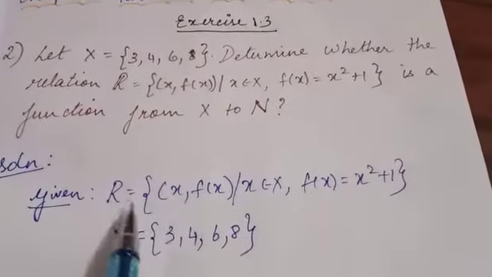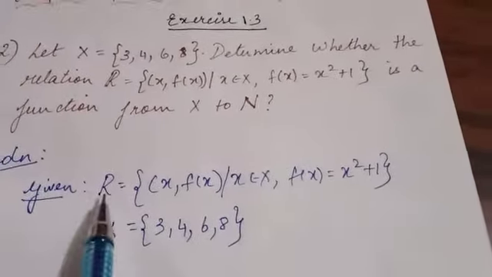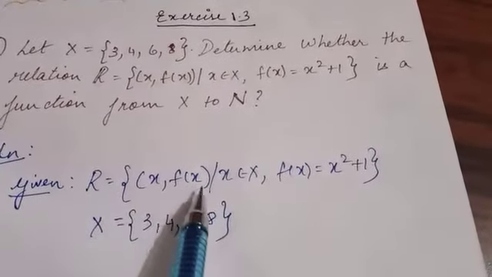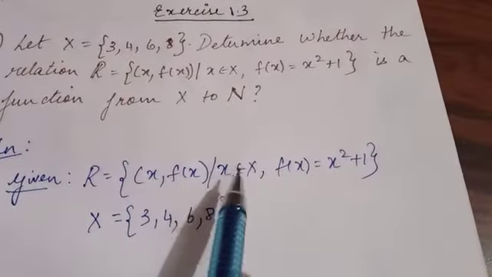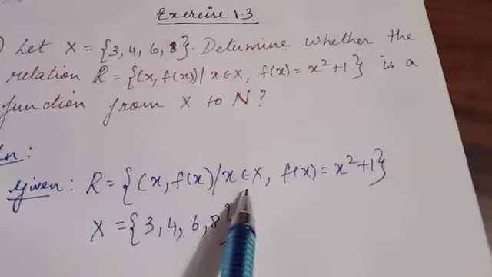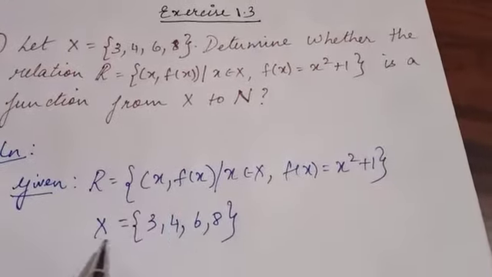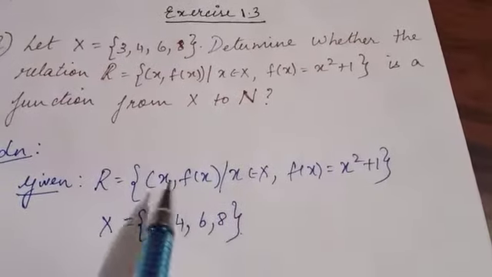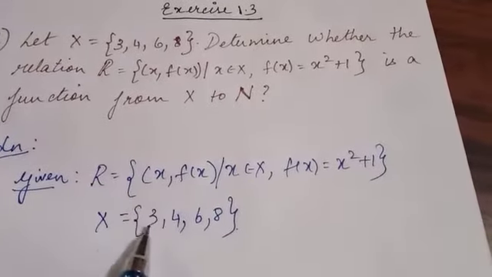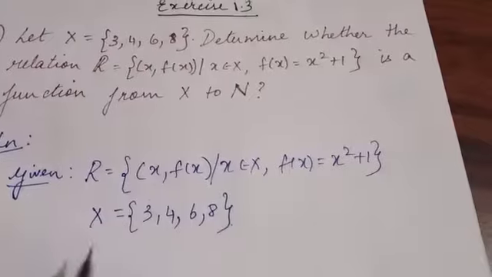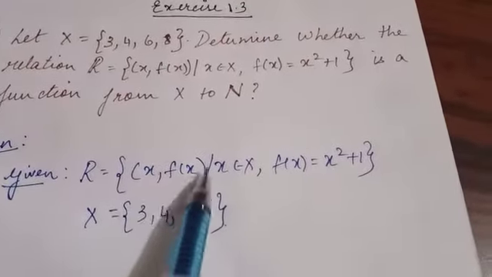Yes. So now coming back to our relation, R = {(x, f(x)) such that x belongs to capital X}. That is, this small x belongs to this capital X. So the values of the small x are 3, 4, 6 and 8, comma f(x).